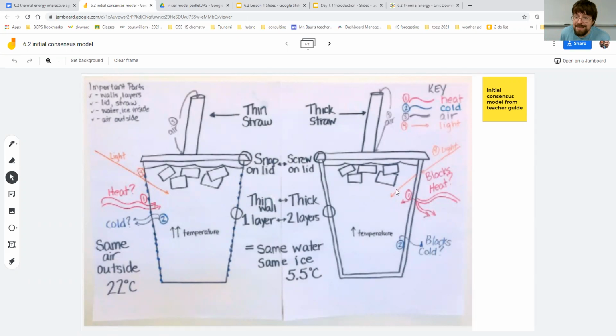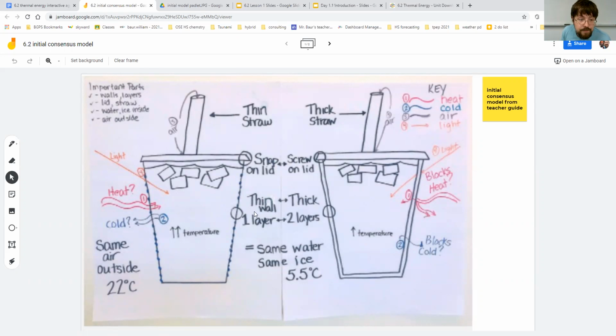And so here's a sample initial consensus model. As a teacher, you've asked the students to all draw their own version of the fancy cup and the regular cup. And now you're trying to have them tell you what you should draw that they all agree on.